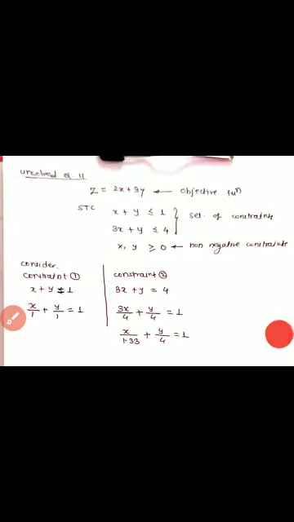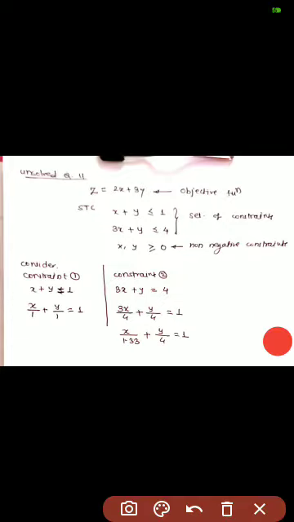So here I have taken the same numerical, and what is the first step in graphical method? Yes, the first step in the graphical method is converting the inequality sign into the equality sign. So I did it here.